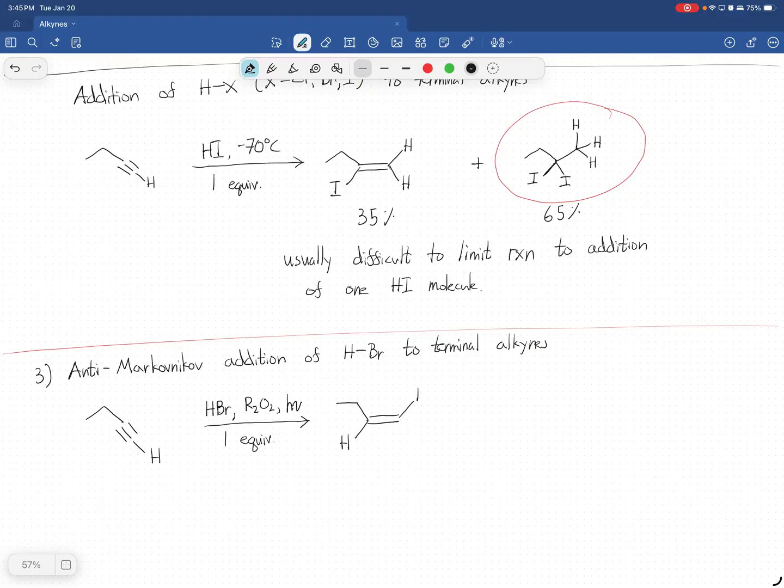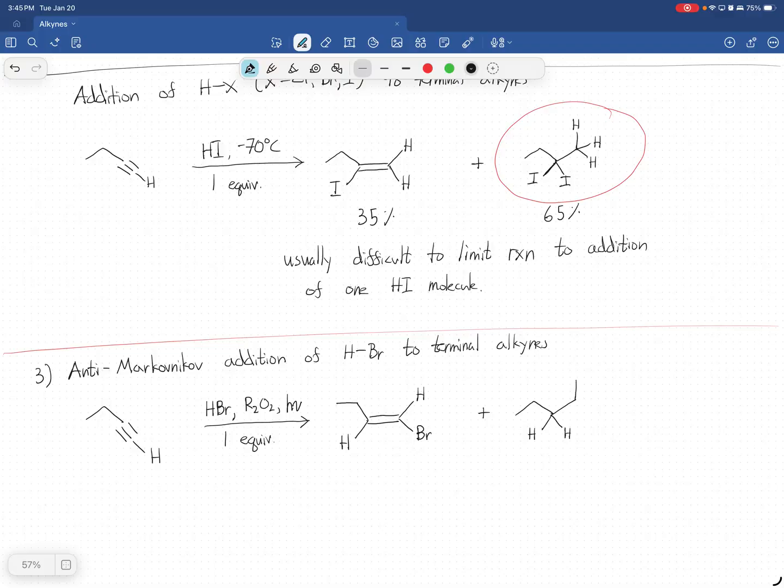And then this H is where the original H in the alkyne is. Okay? And then you get a Br here. And then what also happens is this alkene can then further react. So you actually get a mixture, and you end up getting both bromines again on the same carbon because of the effects of Anti-Markovnikov.